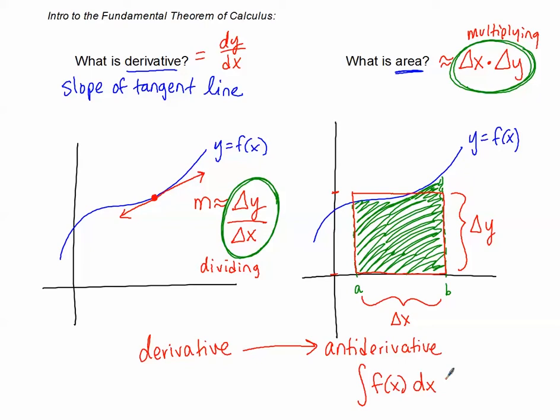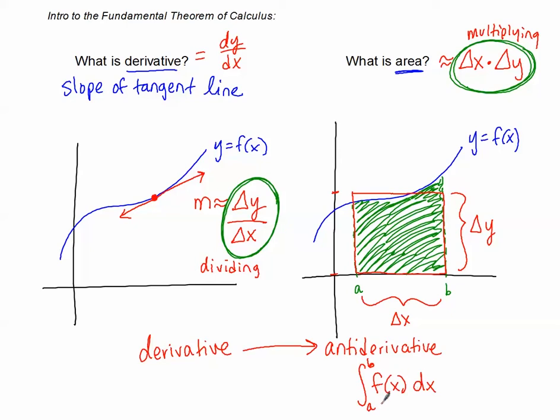Well, the definite integral is when we just put those limits in there. So the derivative, or the slope, change in y divided by change in x, is the inverse process of the antiderivative, or the area, change in y times change in x. So now we see that the antiderivative is helping us to find the definite integral.